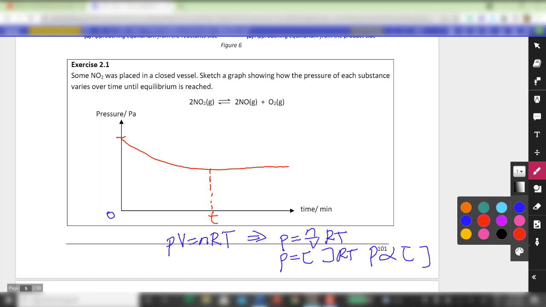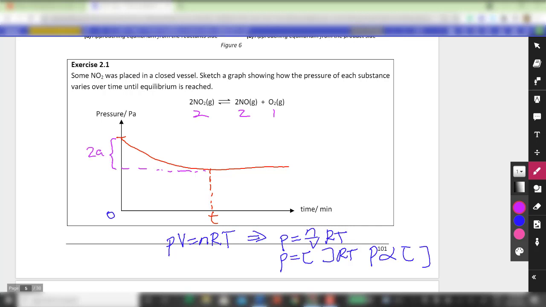But most importantly, we need to include some additional details. Why are the additional details important? Because remember that the stoichiometric ratio is 2:1. So we need to show on the graph the relative drop in the amount. From here to here, I will expect a drop of, let's say, 2A units.